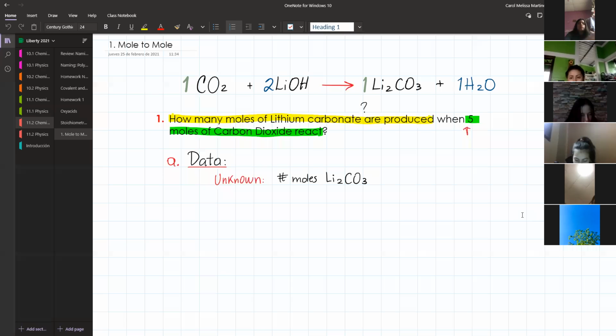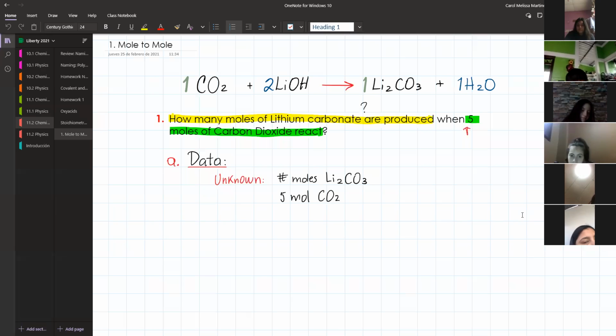What I need, or what I do know is 5 moles of carbon dioxide. Okay? So that is my unknown, and this is the given. 5 moles of carbon dioxide. Now, from the data, you are able to see the two substances that are related.